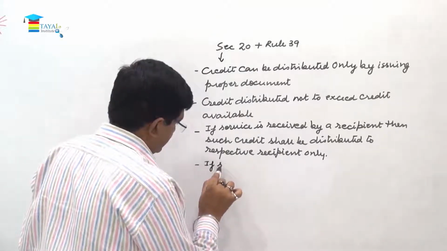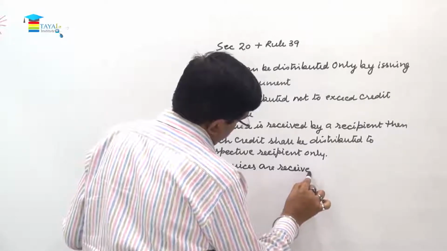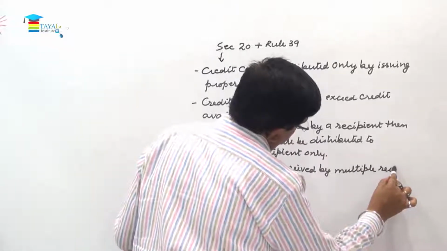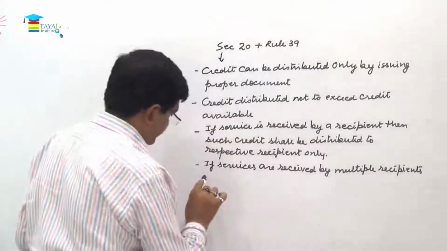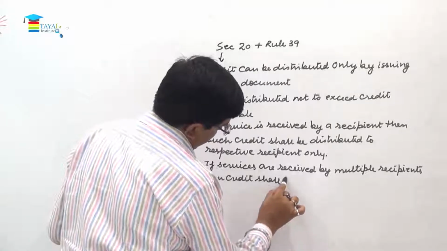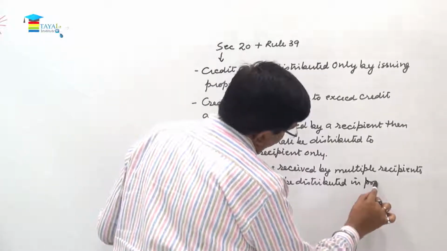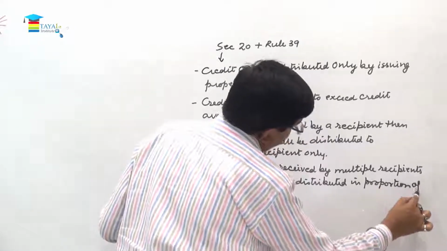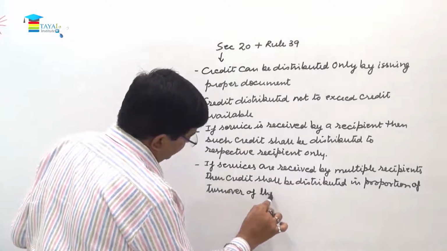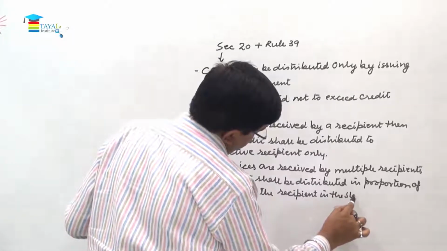if services are received by multiple recipients, then credit shall be distributed in proportion of turnover of the recipient in the state.